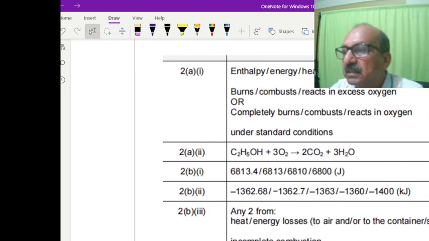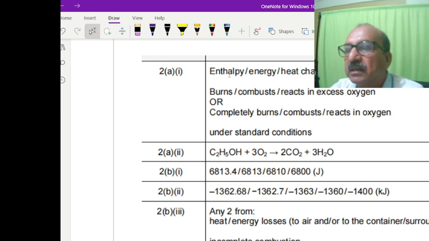So see this. This is how you are supposed to write. It is the enthalpy or the energy or the heat change when 1 mole of a substance. So the keyword here is 1 mole of a substance, so don't forget to write 1 mole. So when 1 mole of a substance burns, combusts or reacts in excess of oxygen.